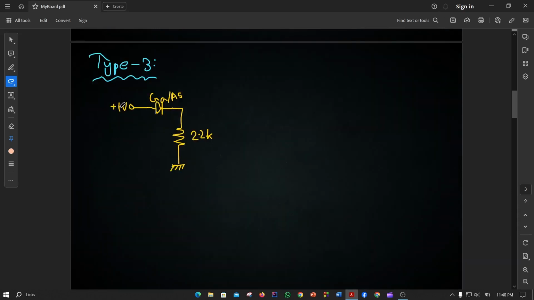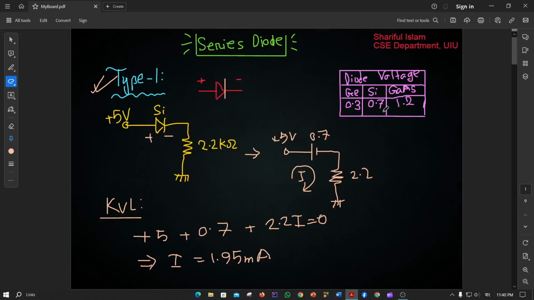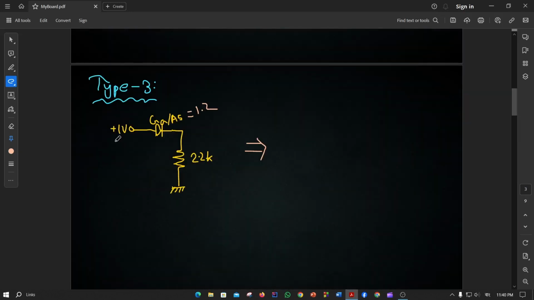What you can see is 1 volt going through the gallium arsenide diode, and the diode is forward bias. The gallium arsenide value is 1.2, as we told you before, but only 1 volt is applied, which is less than the gallium arsenide voltage.